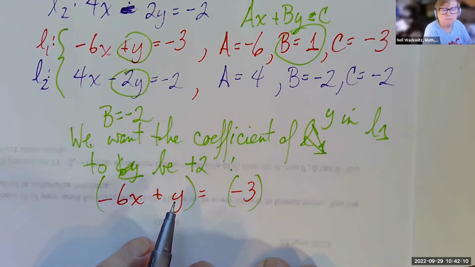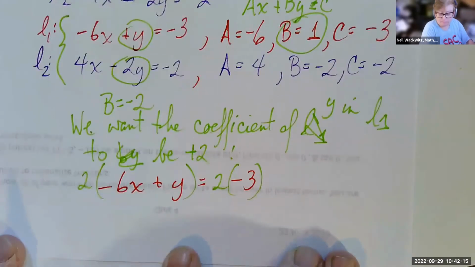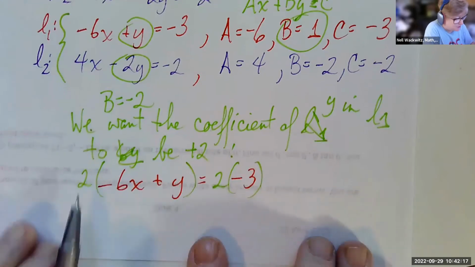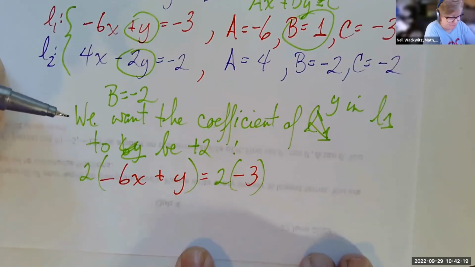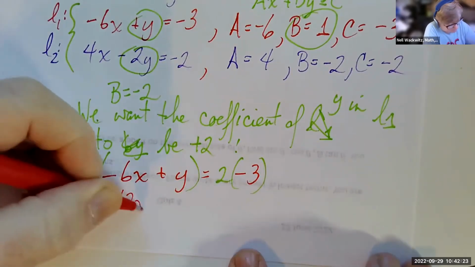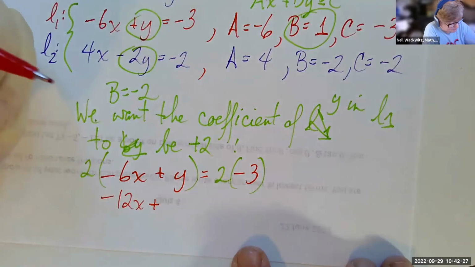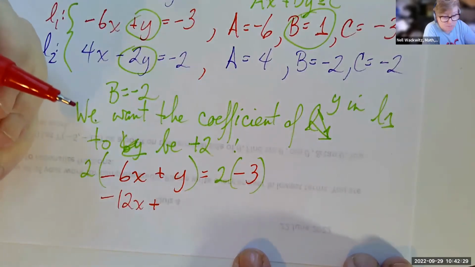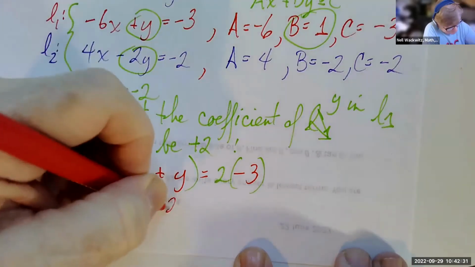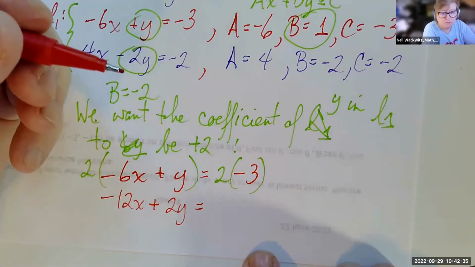Yes. Good. So 2 times negative 6 is negative 12. 2 times 1y is 2y. Excellent. And 2 times negative 3 is negative 6.